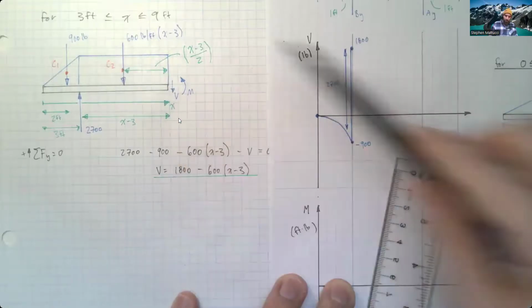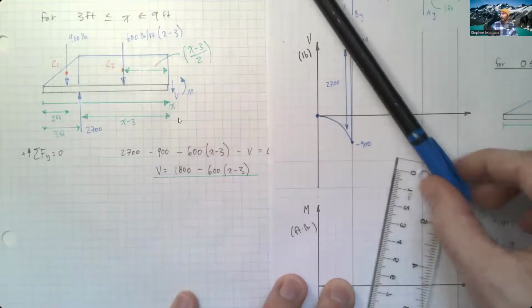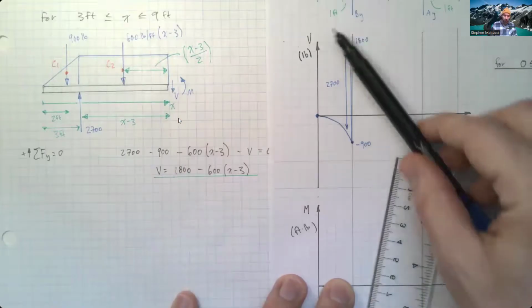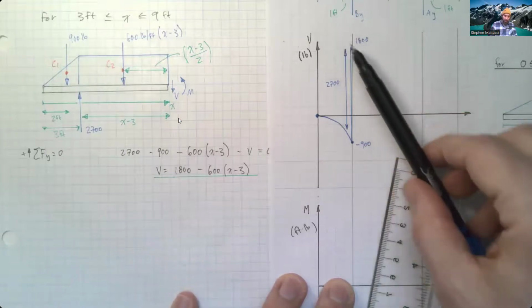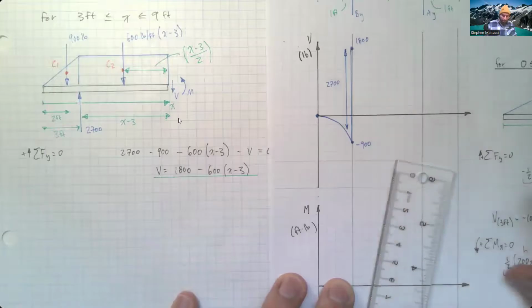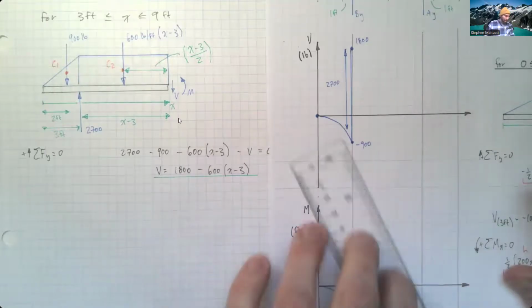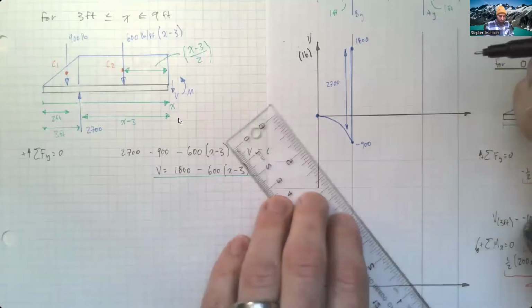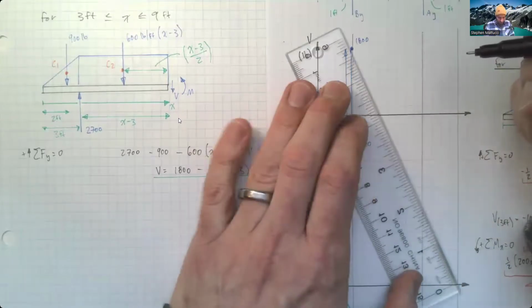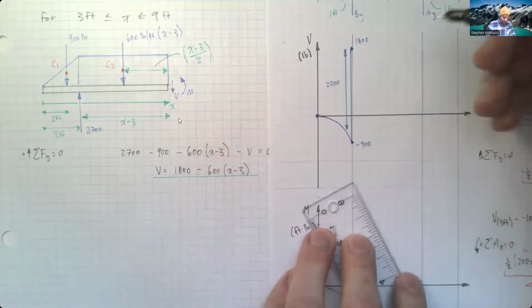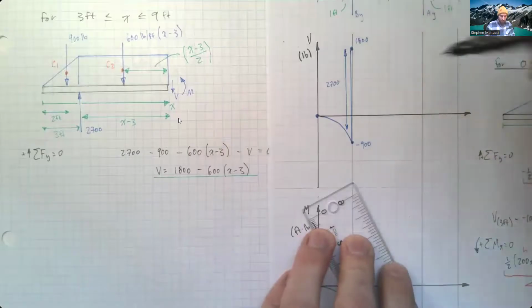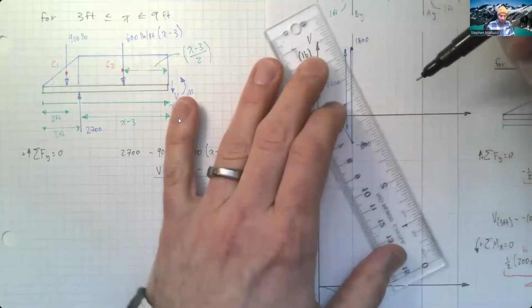This only starts at 3 feet, but we're basically going to get a straight line coming straight down. And so this line is going to come down at a slope of minus 600. It's going to drop straight down.